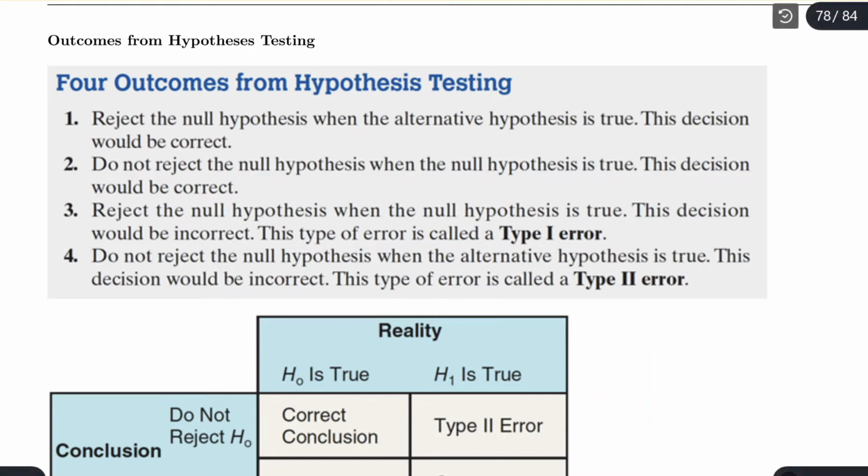So there are basically 4 outcomes of hypothesis testing. Remember, we have 2 statements: the null hypothesis, H naught, and H1, the alternative hypothesis.